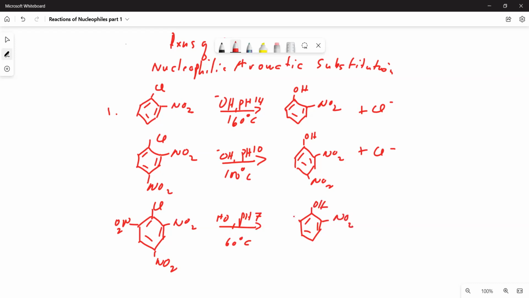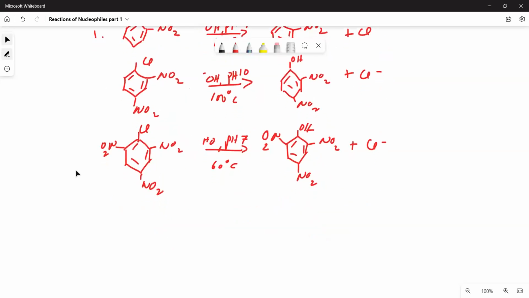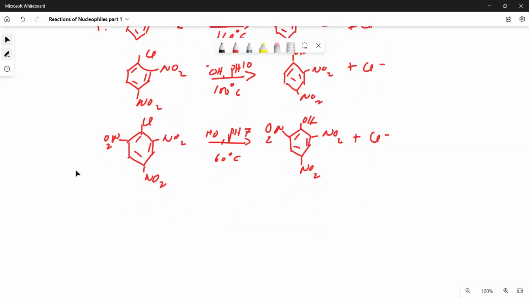And you would notice that in nucleophilic aromatic substitution, okay, the substitution can be enhanced if the electron withdrawing groups are positioned at the ortho and para positions, like here. Why is that? Now, of course, there is a reason for that one.